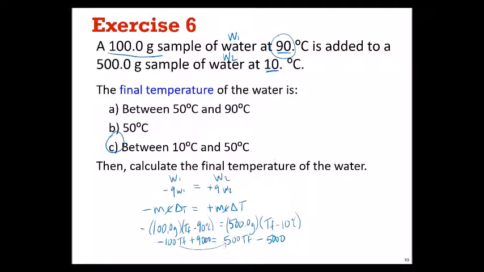This one moves over here, that's 600 TF. This one moves over here, that's 14,000. And then divide. TF ends up being like 23.33, whatever. And since these are two significant digits, I'm going to stick with 2 digits here, so I'm going to make it 23 degrees Celsius, which definitely falls in between here.